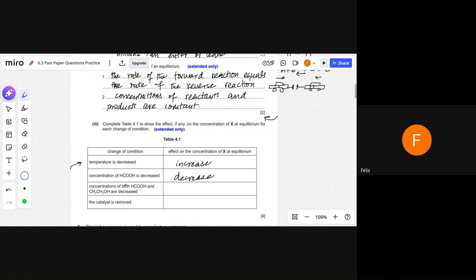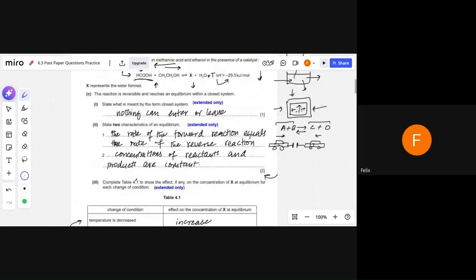Now the concentrations of both HCOOH and CH3CH2OH, that's a carboxylic acid, methanoic acid, and this one is ethanol. Anyways, you need to look at where these compounds are.